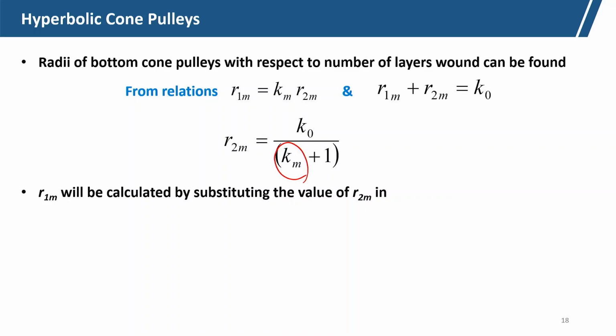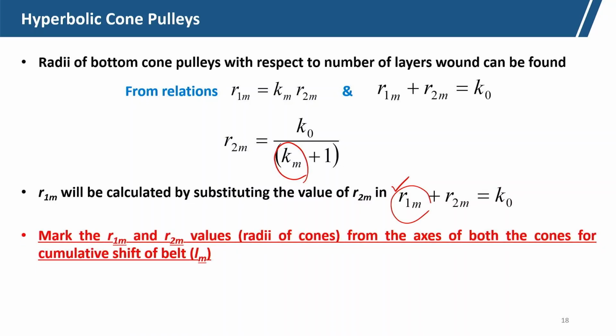R1m will then be calculated by substituting the value of R2m in the relationship that we have. So, R1m we can calculate here now, using the R2m value, and so we can calculate R1m also.